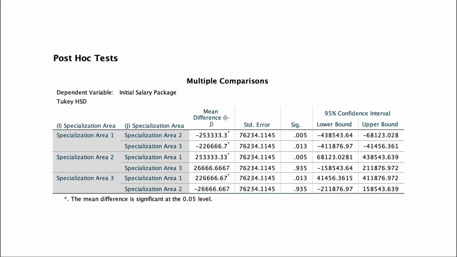After looking at this table, we have understood that the salary of students who opted for specialization area 1 differs from that of students who opted for specialization area 2 or 3. But what is the difference? Are the students who have opted for specialization area 1 getting more salary or lower salary than these two? In order to check that, we need to see the very first table in the output, which is the descriptives table.